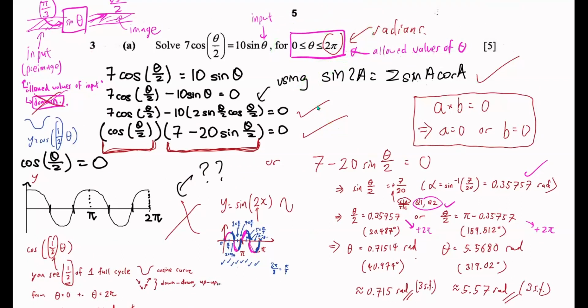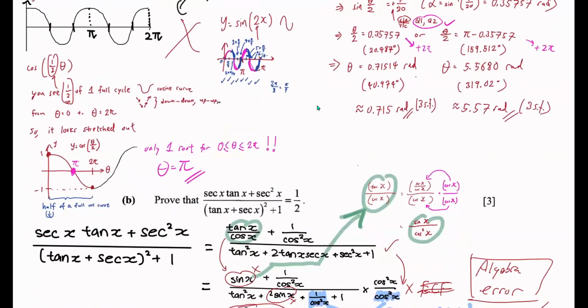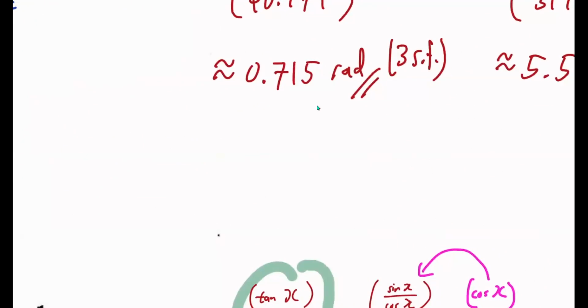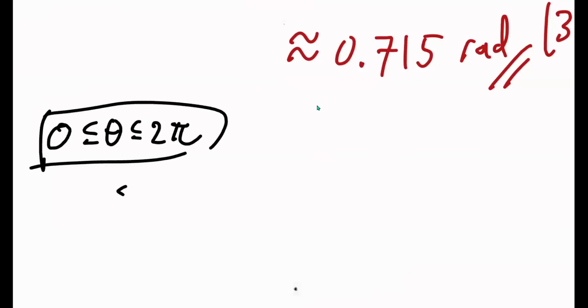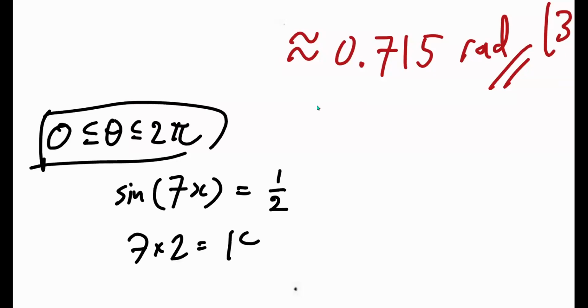But I have one rule of thumb for when the coefficient is not a half. If your angle is between 0 and 2 pi, and you're trying to solve for, let's say, sine of 3x, let's make it more dramatic: sine 7x equals 1/2. How many answers are there? 7? No, 7 times 2, 14.